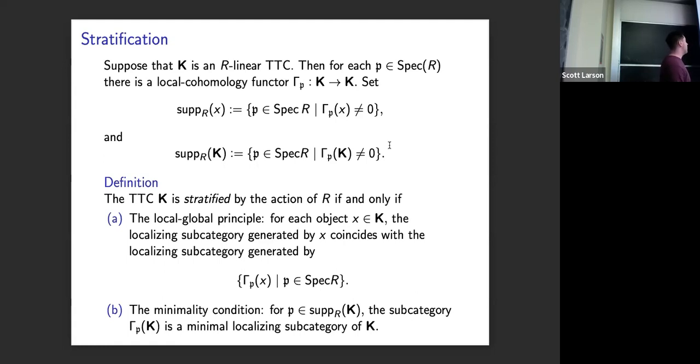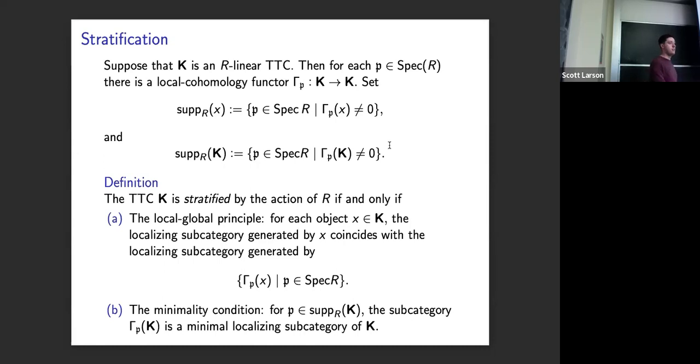And with such a setup, we say that K is stratified by the R action if and only if two conditions hold. So the first one is called the local global principle, which says that for every object X in K, the localizing subcategory generated by X actually matches up with the localizing subcategory generated by these gamma P X's as P ranges over the spectrum.